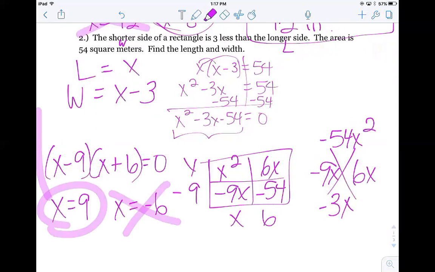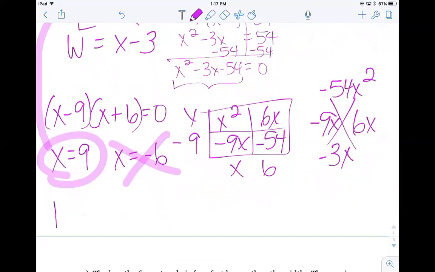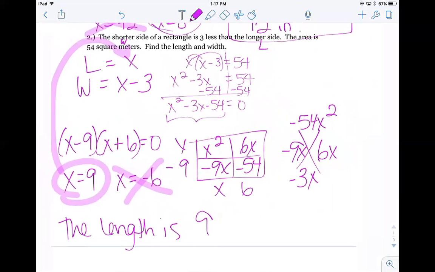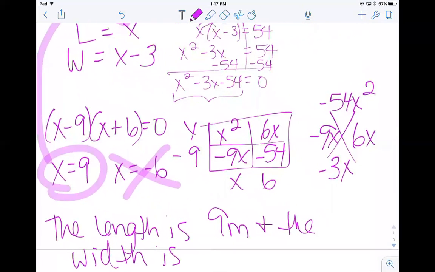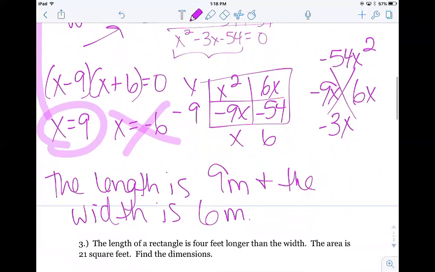And x, we know, is our length. So we'll have the length is 9 meters. Just going to do m. And the width is, so if we plug 9 back in here, 9 minus 3 is 6 meters.